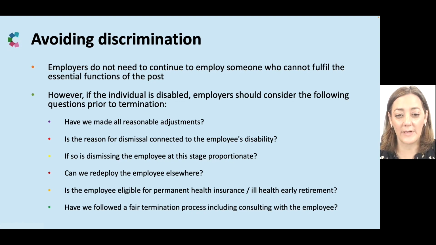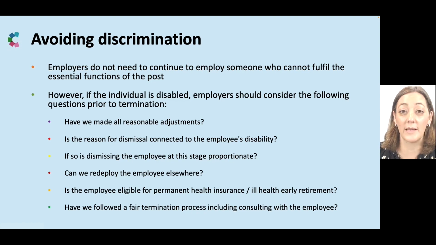Have we made all reasonable adjustments? Are there other reasonable adjustments that could be made and should be considered? Is the reason for dismissal connected to the employee's disability? If so, is dismissing the employee at this stage proportionate, or should the employee be afforded a longer period of time to see whether or not they can fulfil the functions of the role, perhaps with additional reasonable adjustments?